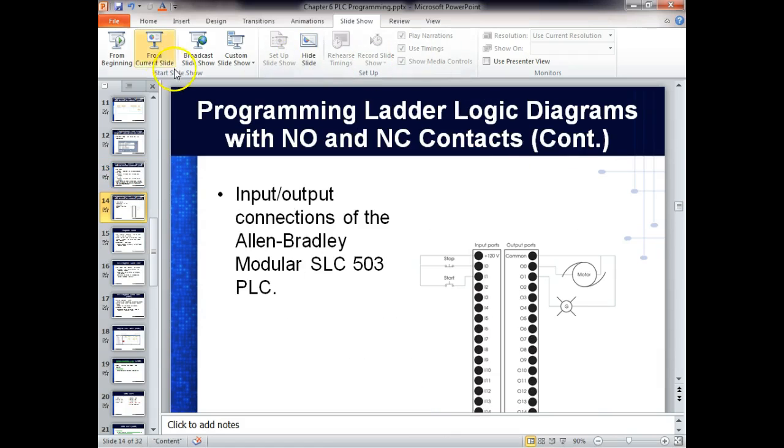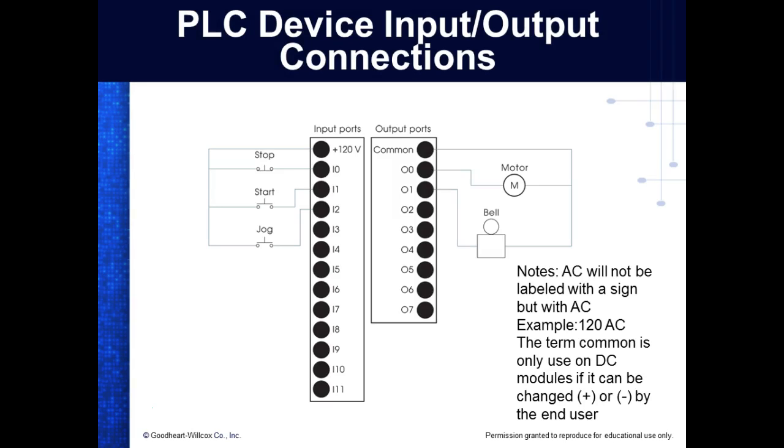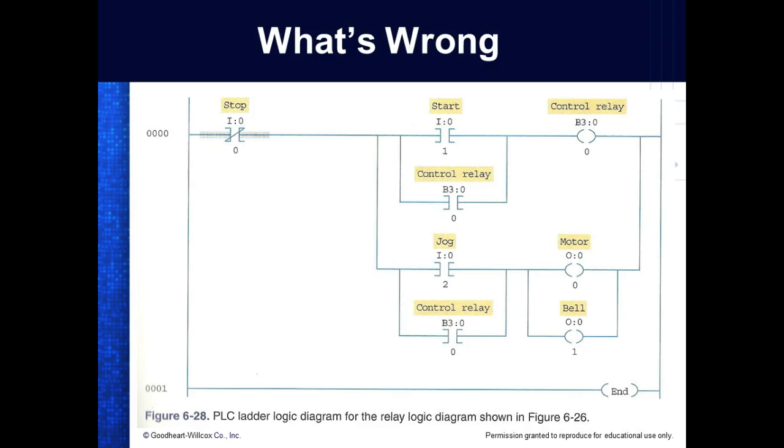So see, every time he does his diagram, when he does his connection to the PLC, he does it right. Then when he does his program, he does it wrong.